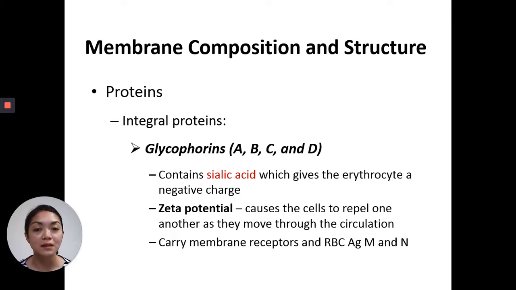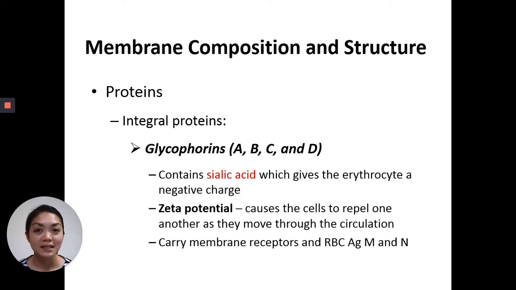Since all blood cells are negatively charged because of the sialic acid, we call the phenomenon nag-repel sila each other as zeta potential. So that's why they do not aggregate, they do not coalesce inside our blood vessels. They just bump and then bounce from each other because of the repelling of their negative charges.